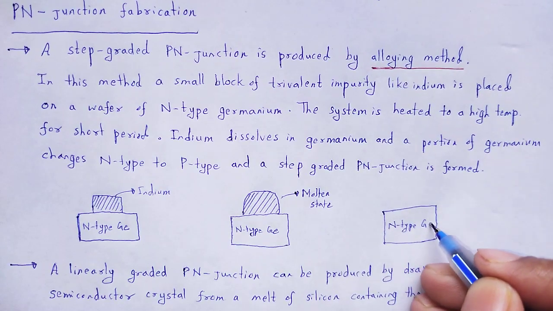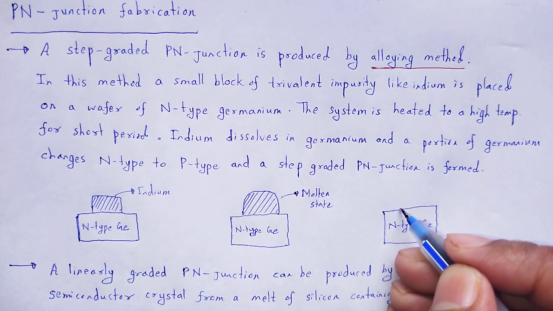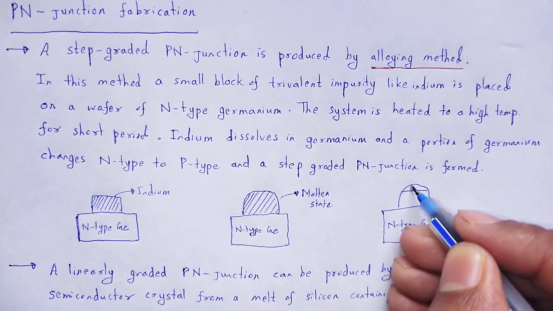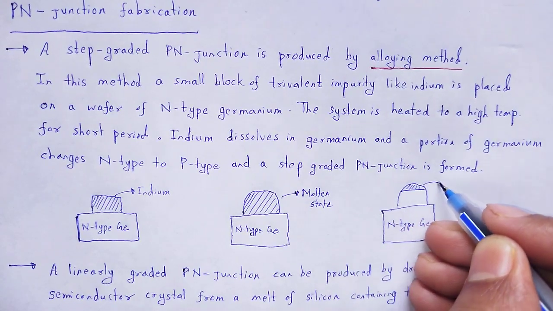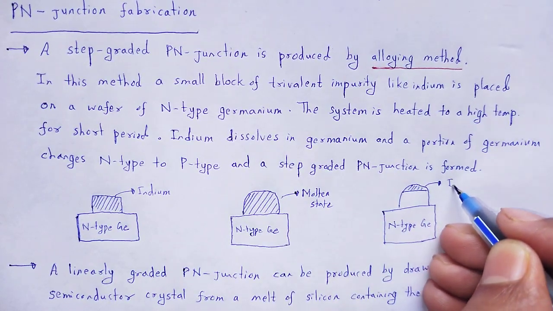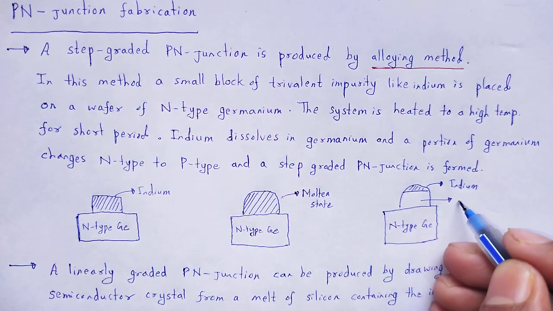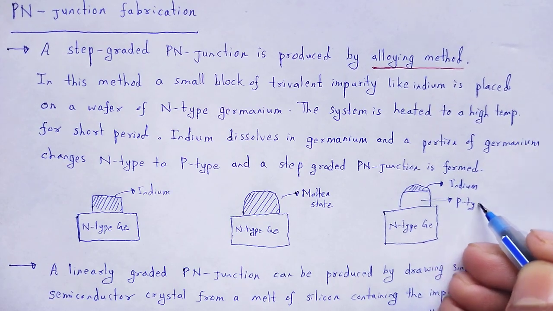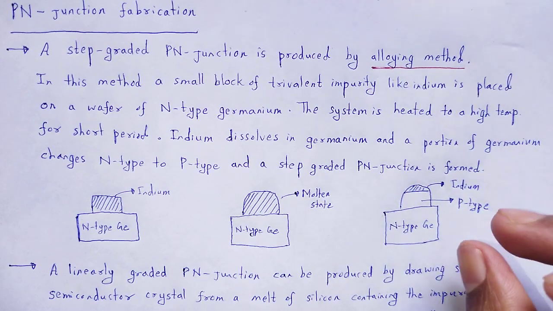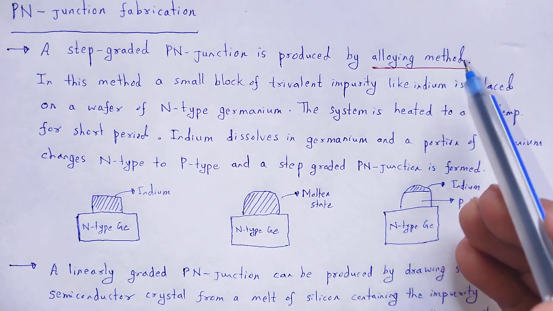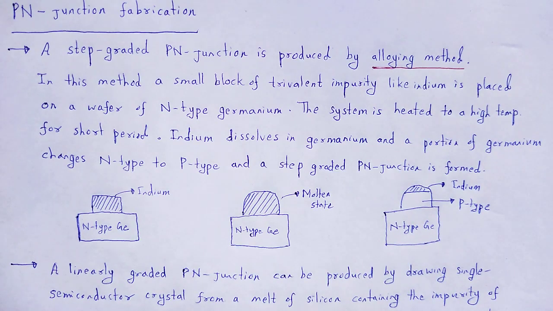N-type germanium in molten state, that portion where we have indium, we obtain p type. Therefore, a p-n junction diode is formed by the alloying method.